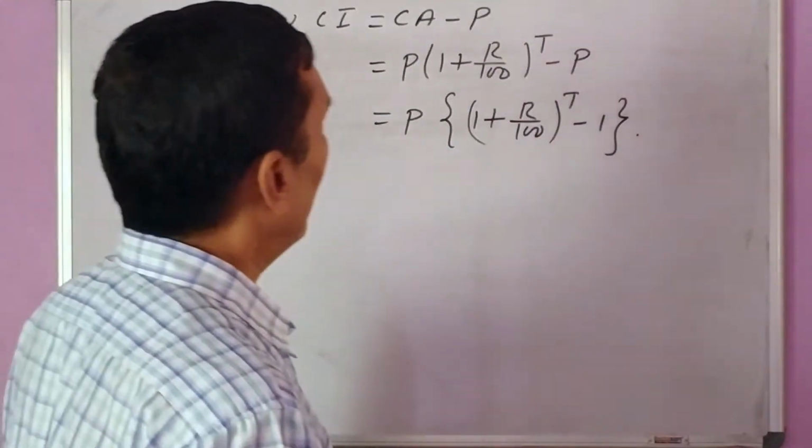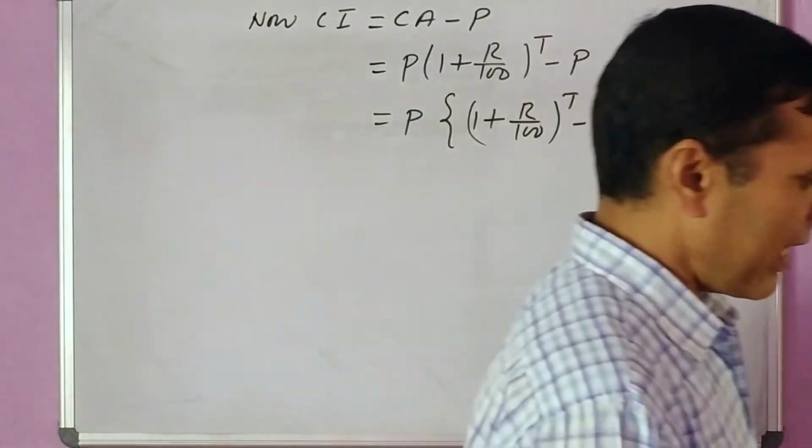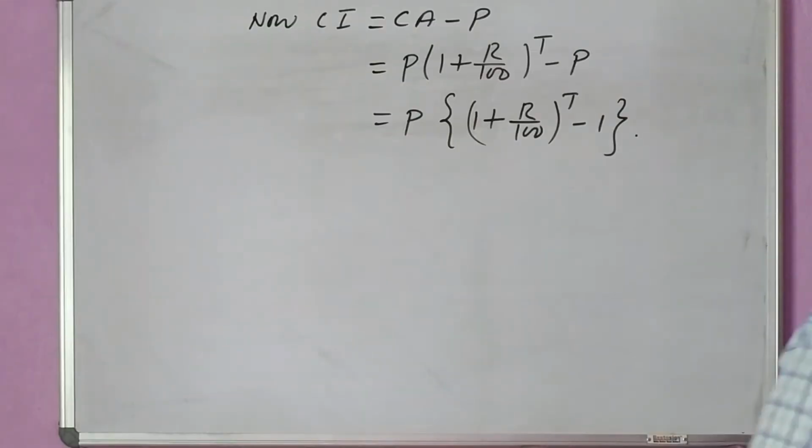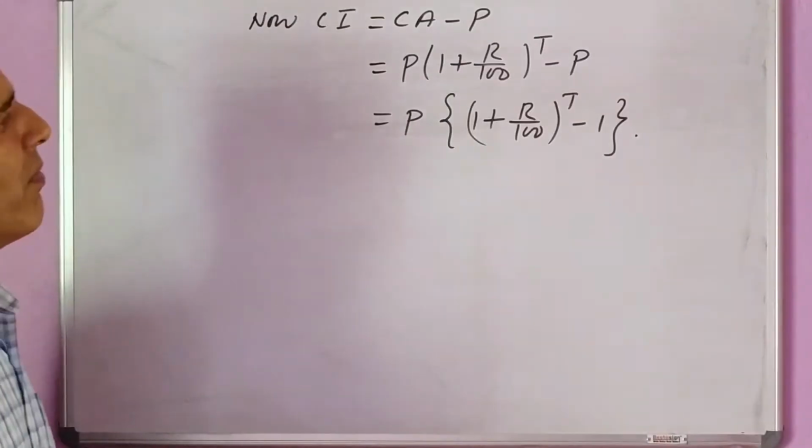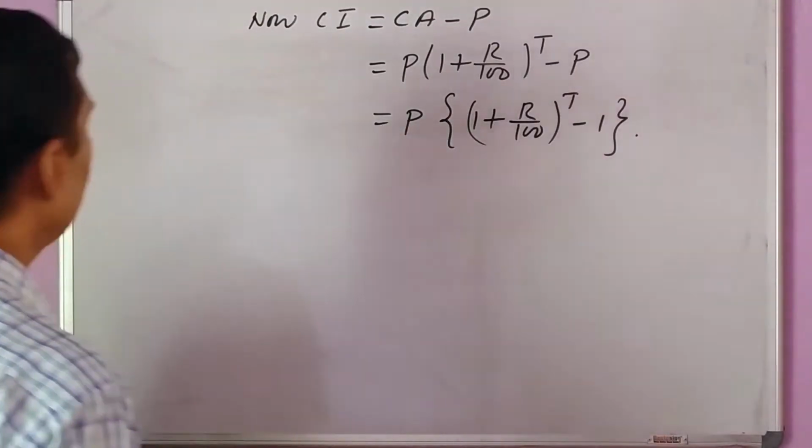Okay, now with slight change, these formulas can be changed to calculate the compound amount and compound interest for half yearly compounding.